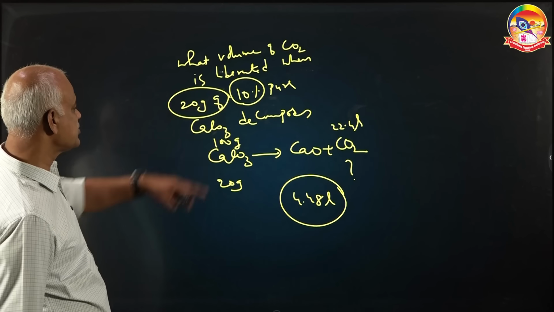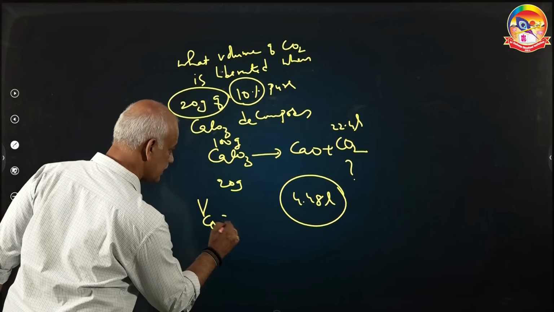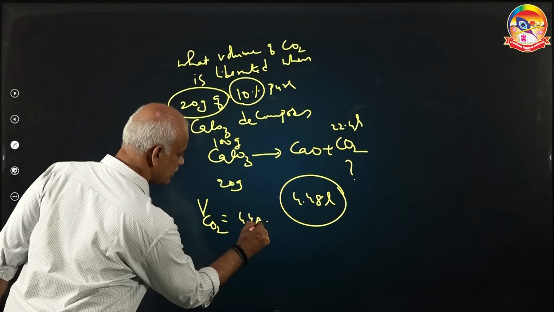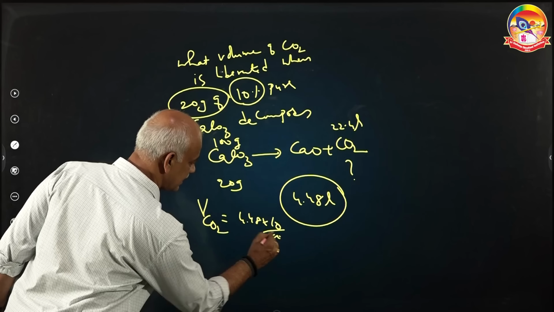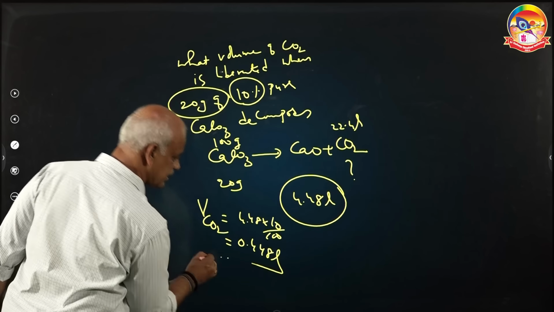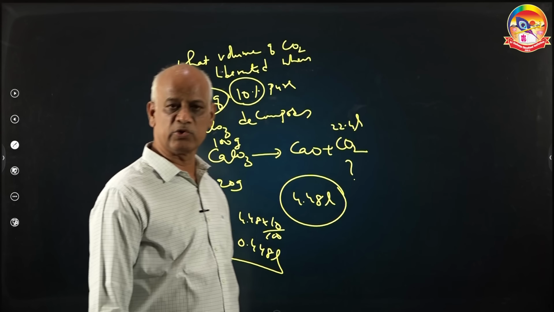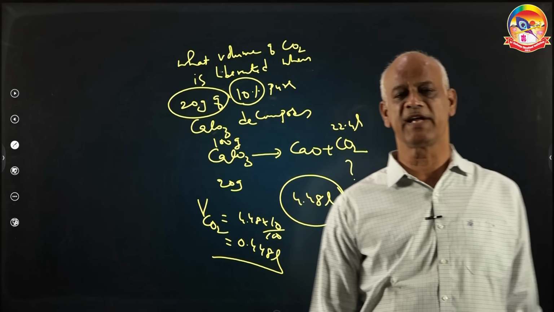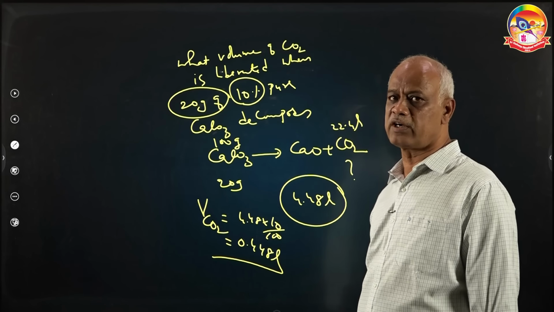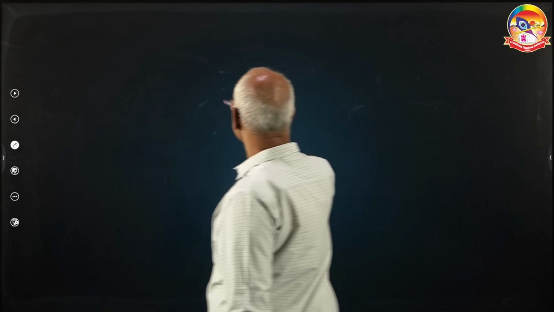But the purity is only 10%. So VCO2 will be 4.48 into 10 by 100, which is 0.448 liters only. Since the purity is only 10%, you get only 0.448 liters or 448 ml.